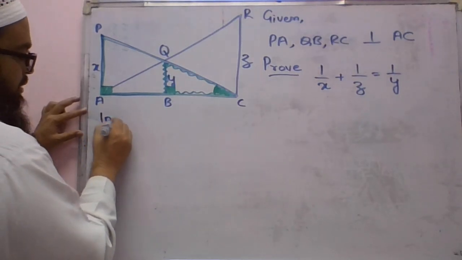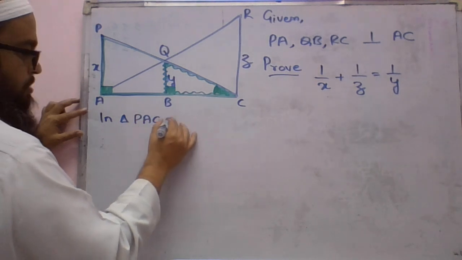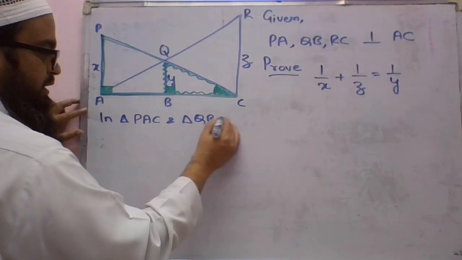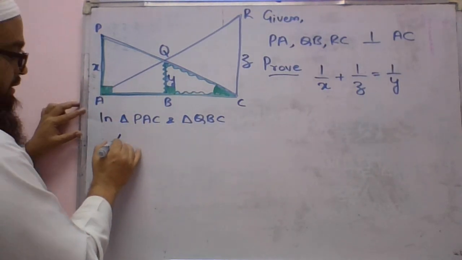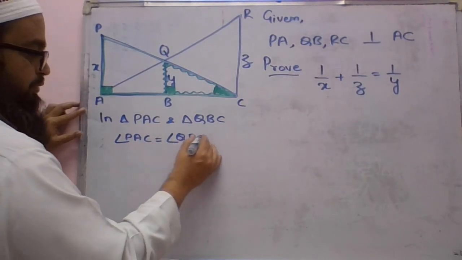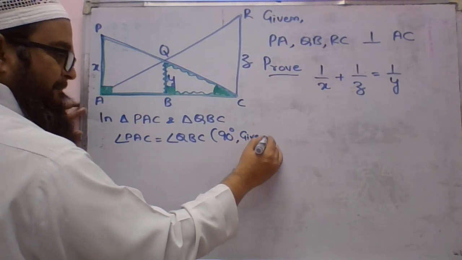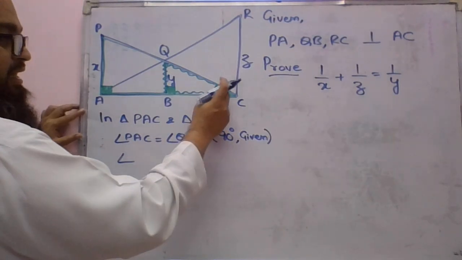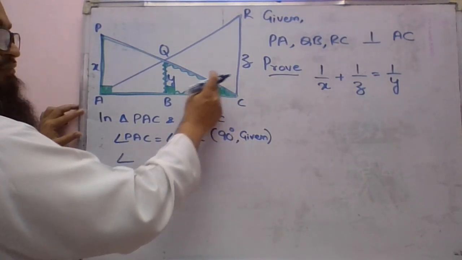So now in triangle PAC and triangle QBC, what are the equal parts? Angle PAC is equal to angle QBC, 90 degrees, it's given. After that, angle C, I cannot write angle C, because at vertex C I have two different angles.